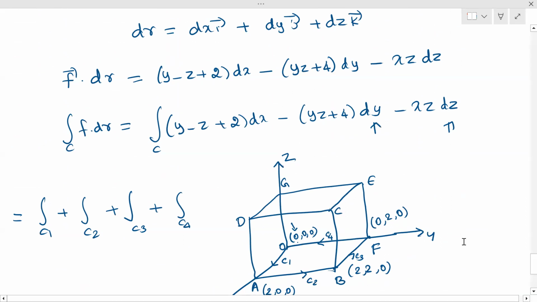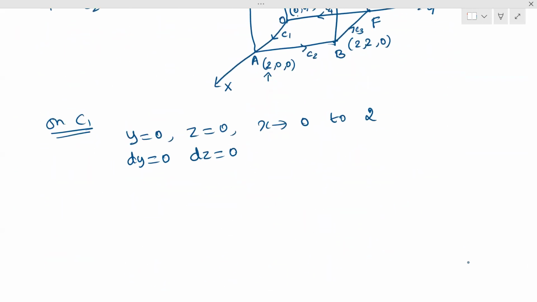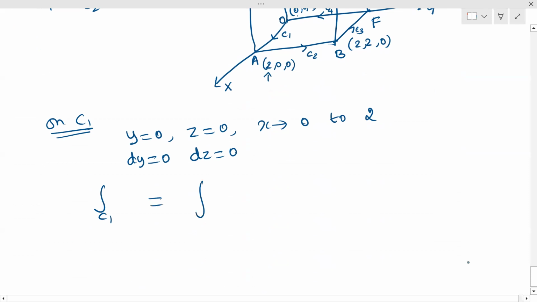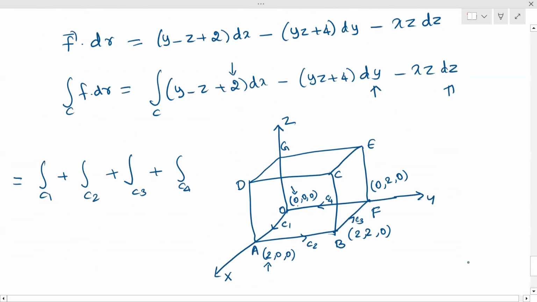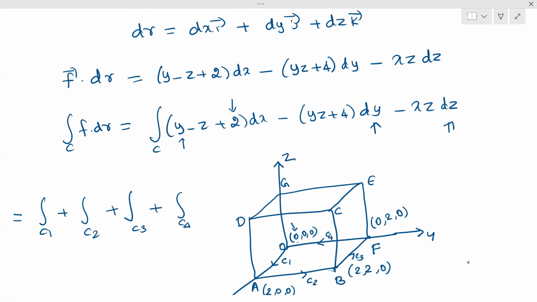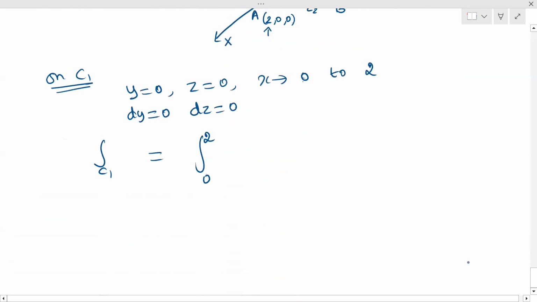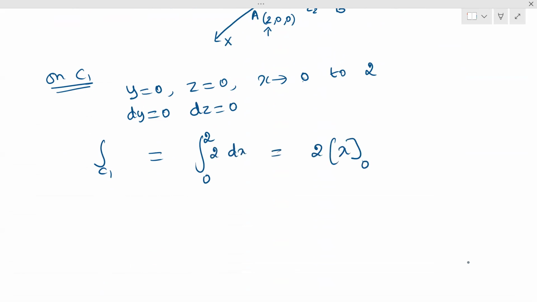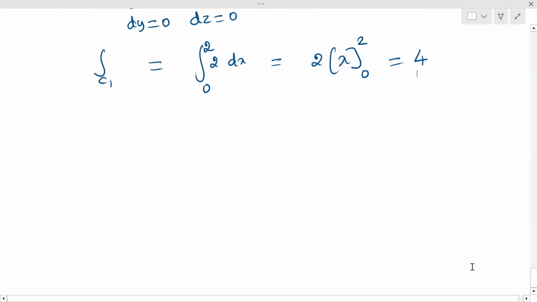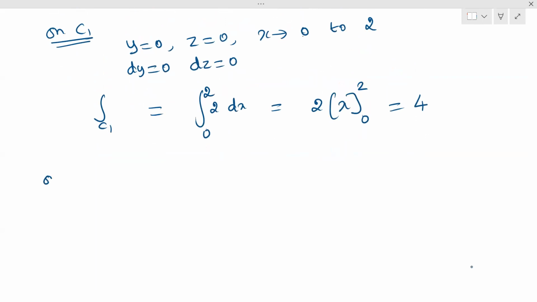So we will get only this value 2. So the integral over C1 is the integral from x equals 0 to 2 of 2 dx. When we integrate, the integration of dx is x from 0 to 2. So that is 4. This is the first line integral.